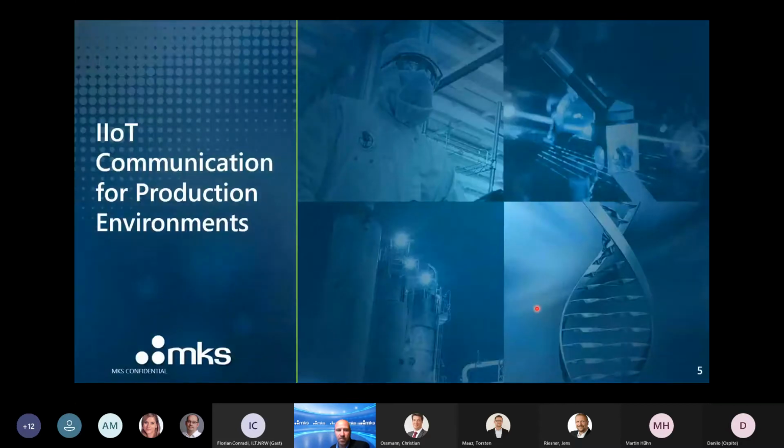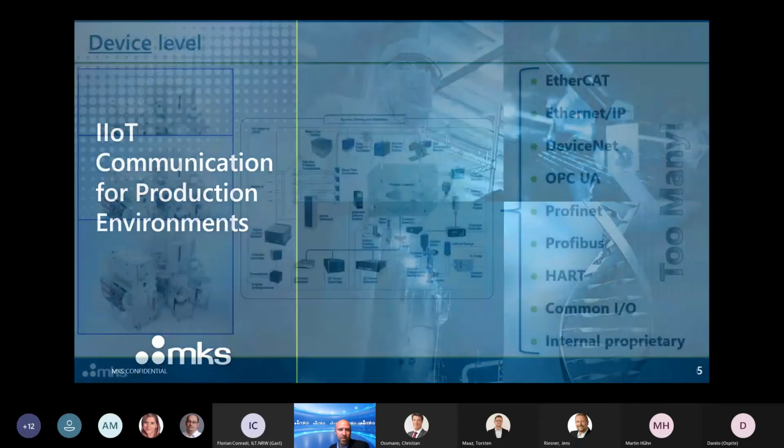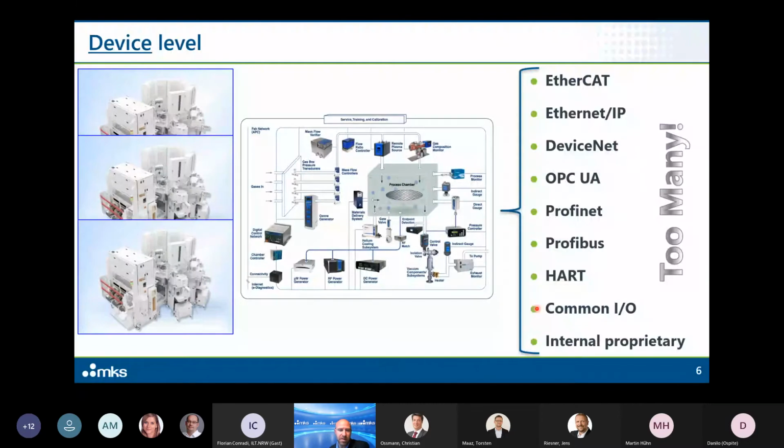So let's dive a little bit deeper into the IIoT bit of that, right? If you're talking at the lower level, at the device level, and by device I mean the sensor that's providing the data, right? If you have some sort of process here, you probably have multiple machines.